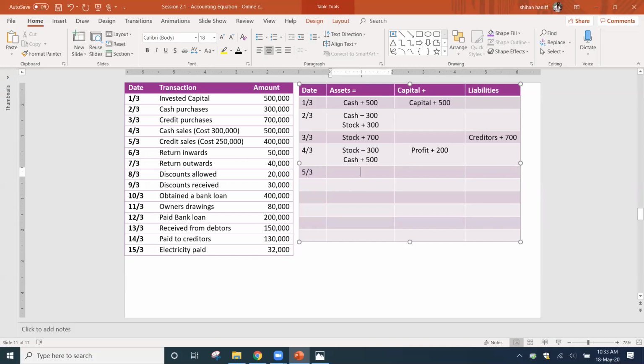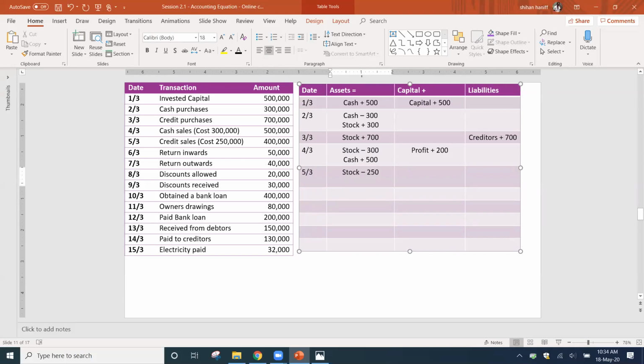5th March, credit sales. So when we are doing credit sales, our stock will reduce by 250 and we don't get cash, we will have a debtor of 400.